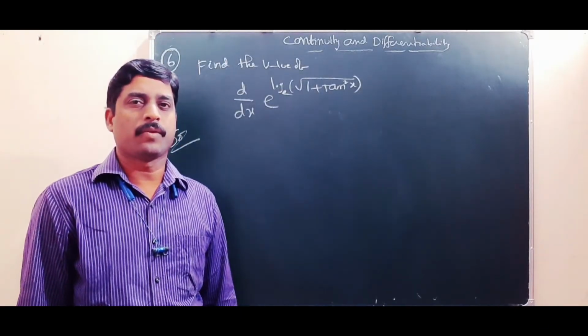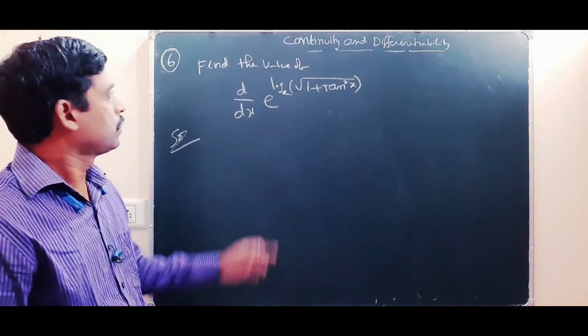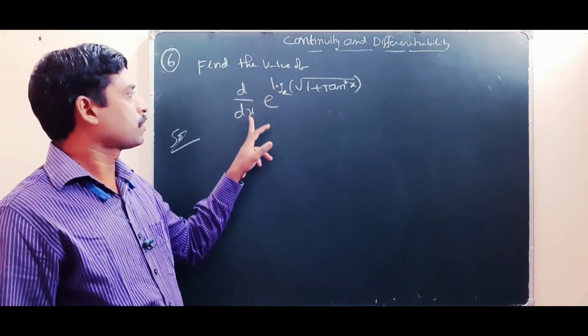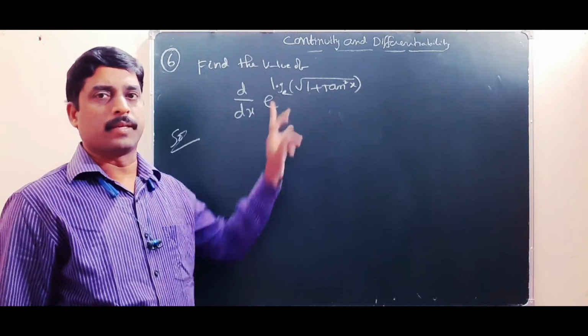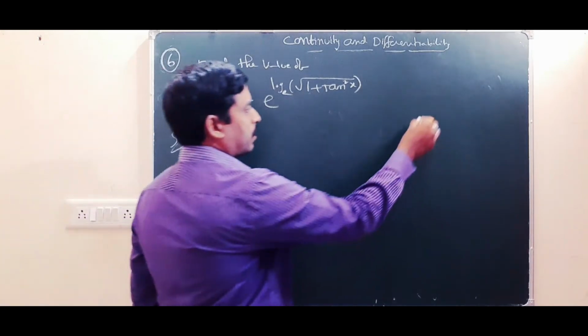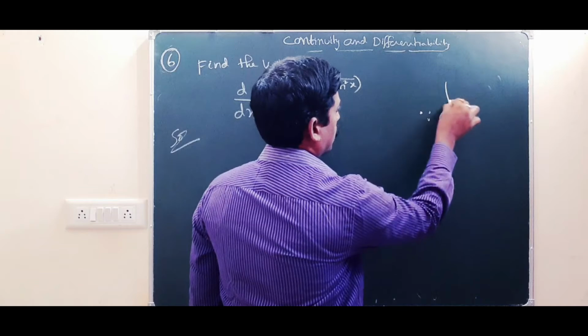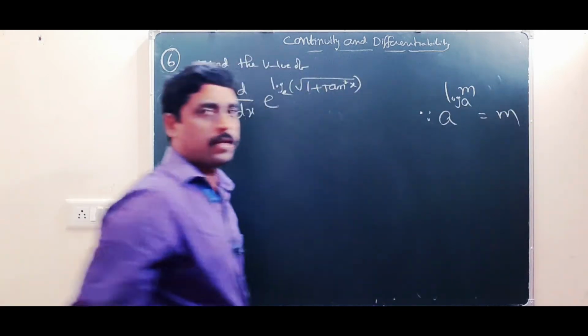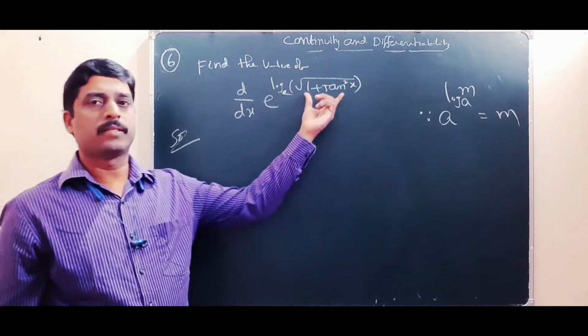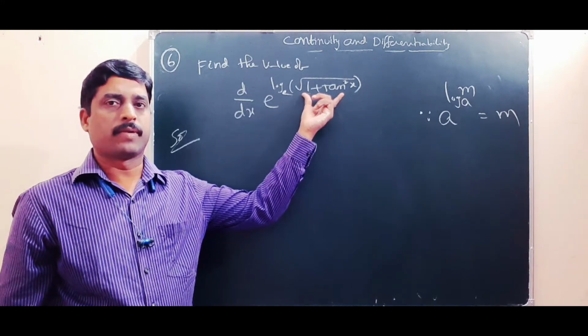Now I am going to explain question number 6. Find the value of d by dx of e to the power log of root under 1 plus tan square x, base e. We have a to the power log m base a equal to m, where m is root under 1 plus tan square x.